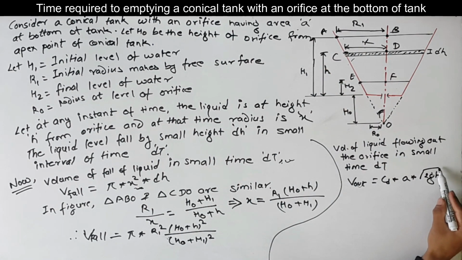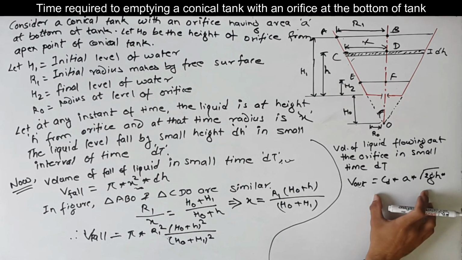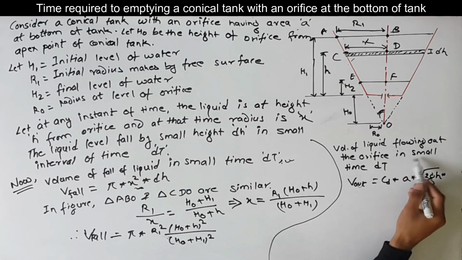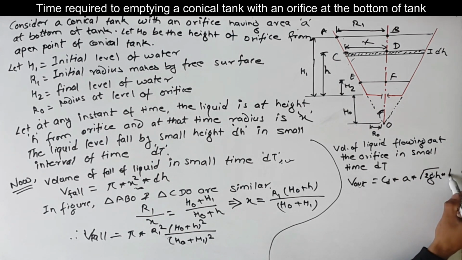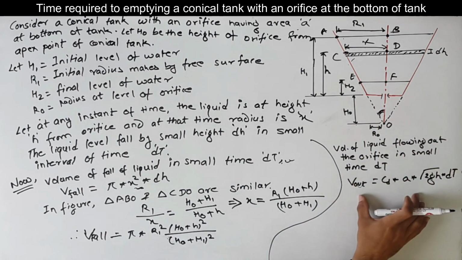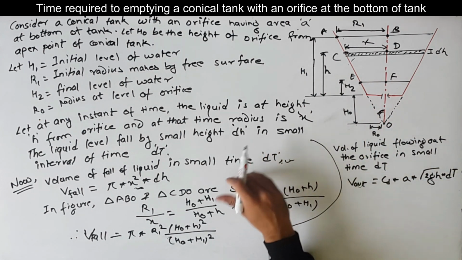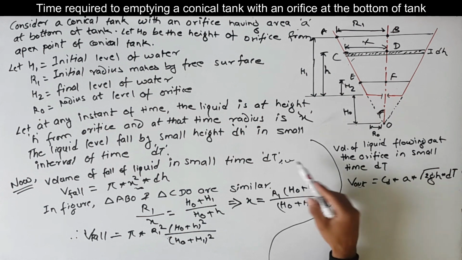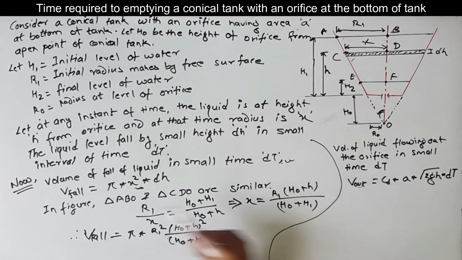This is the discharge, and we have to multiply by time. Here we find it in small time dt, so multiply by dt. The volume of liquid out must be equal to the volume of liquid fall in the same time dt. So we can equate V fall and V out.